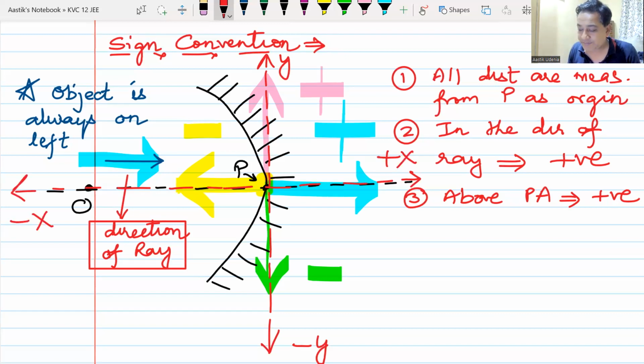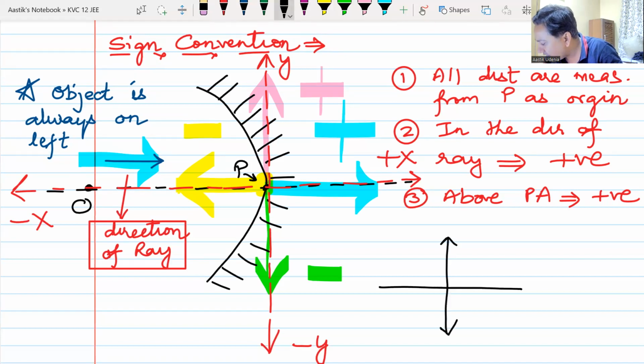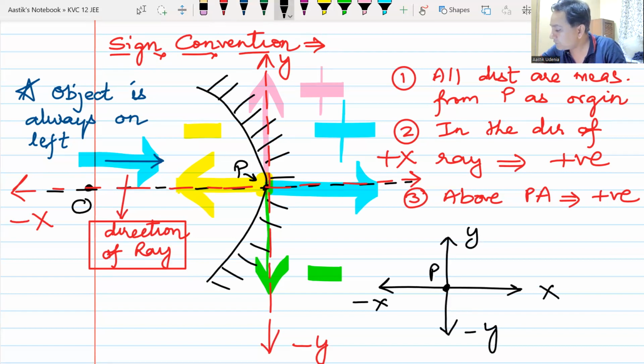So basically, if I draw a smaller version of this entire thing, this is plus x, this is minus x, this is y, this is minus y, and this point is your P. Anything along this direction is positive. Anything along this direction is negative. Anything along this direction is positive, and anything below this direction is negative.